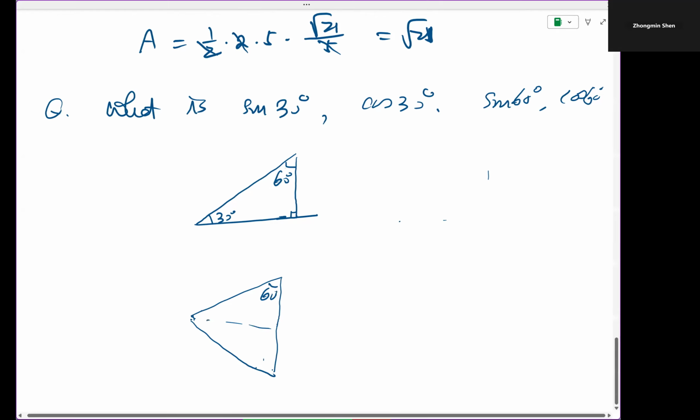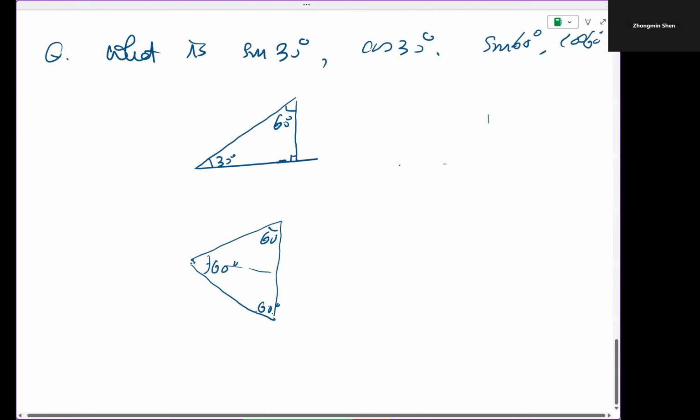You duplicate, this will be 60 degrees, right? This angle, what is this angle? 60. So what do you get? You get a triangle. What is this triangle called? Equilateral. Okay, equilateral, so they're all equal, right? So let's assume this side is 1. This side is 1. This side will be 1, right?